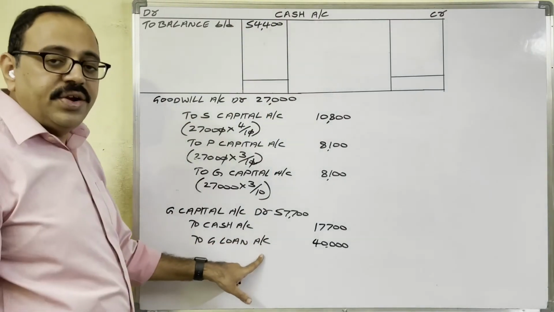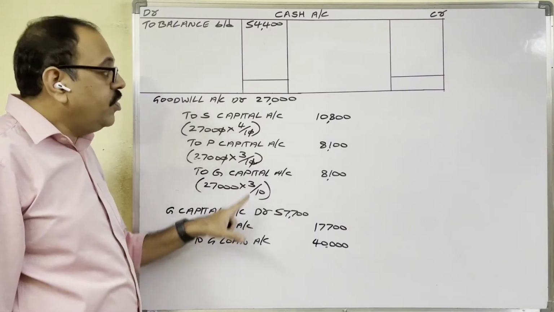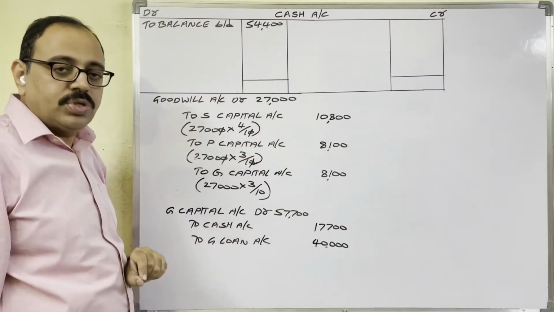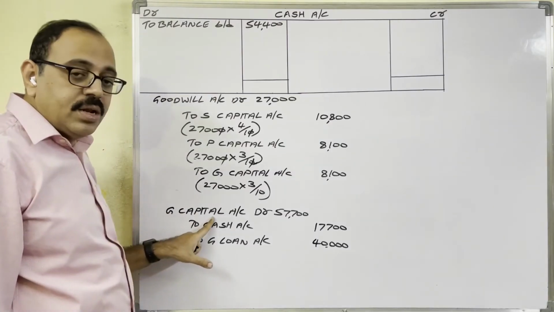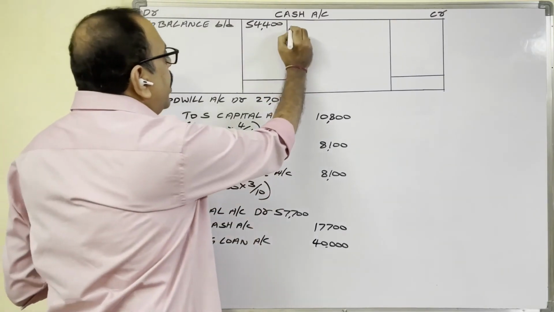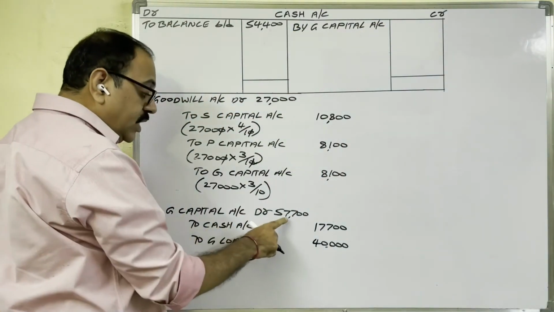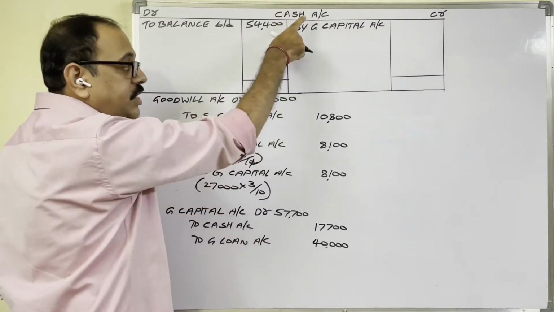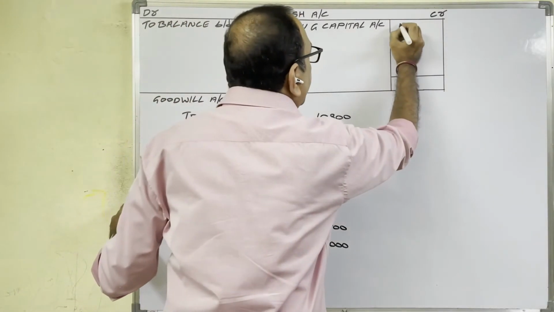Then come to this second entry. In the entry, cash account is credited. Therefore, in cash account, credit side we should post. What to write in particulars column? We debited G capital, write down that account name: by G capital account. Amount, don't write the G capital amount. We are preparing cash account, no. Write down cash, 17,700.